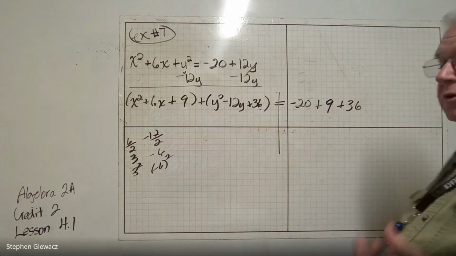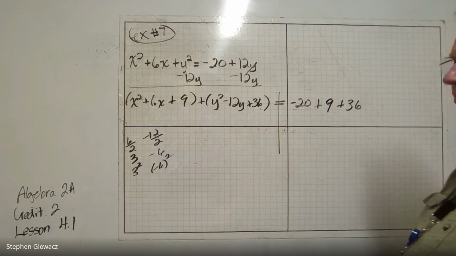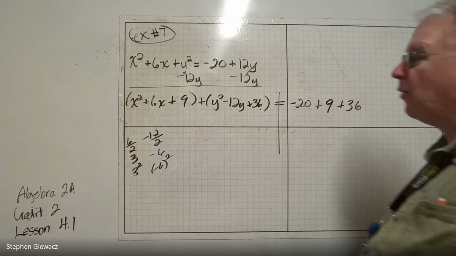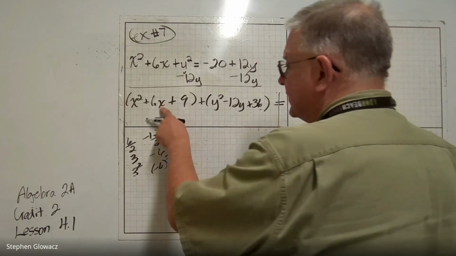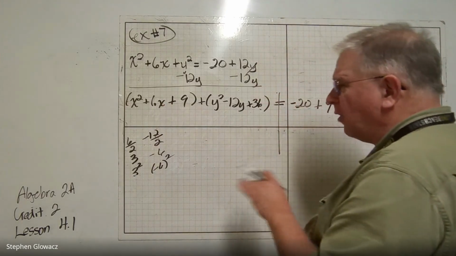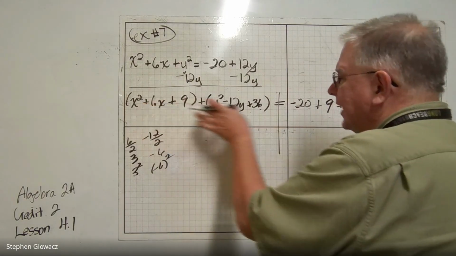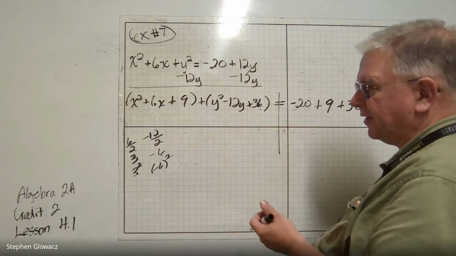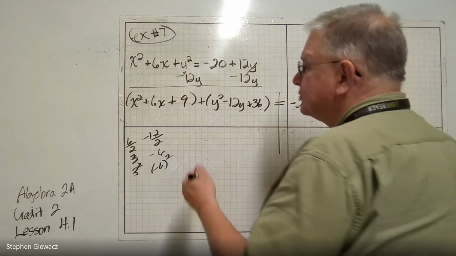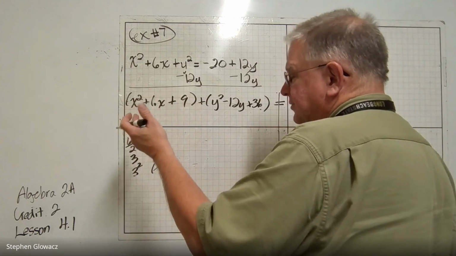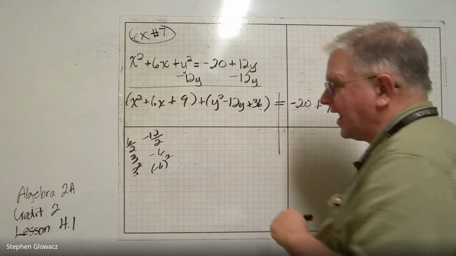Now we're almost there. We're ready to put this into standard form. What we have to do now is factor this, but we already know it's a perfect square trinomial. When we know that we're factoring a perfect square trinomial, there's a bit of a shortcut. These will factor, since it's a perfect square trinomial, into the same factors.